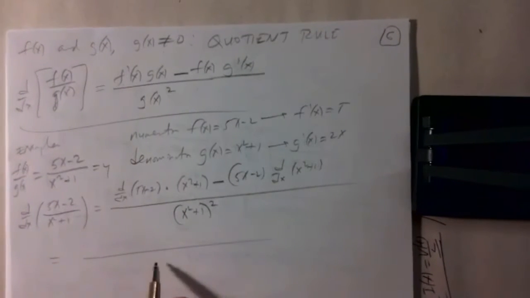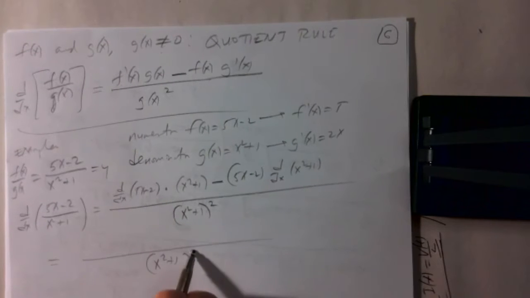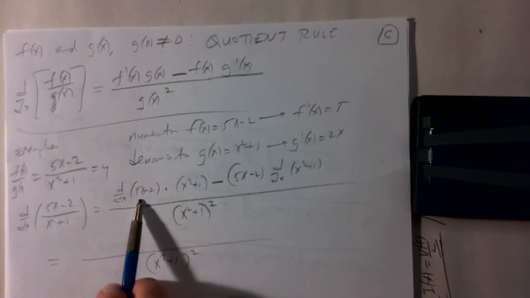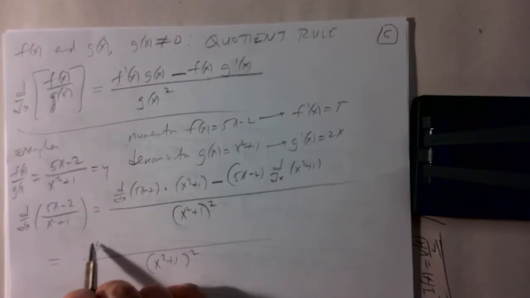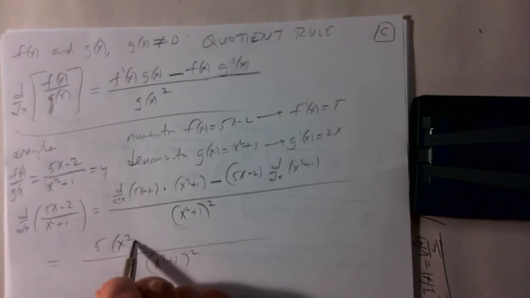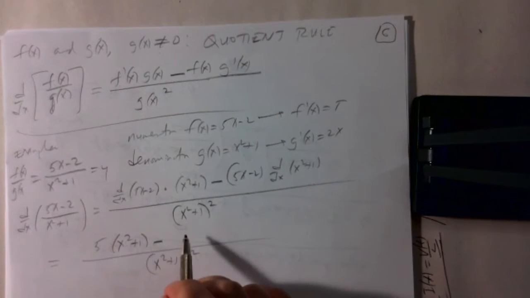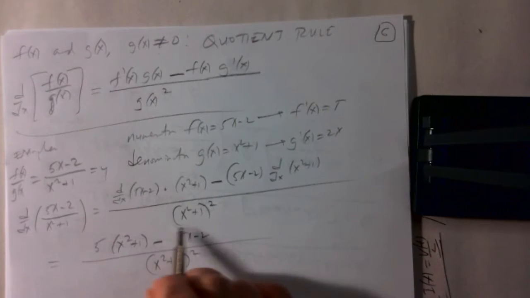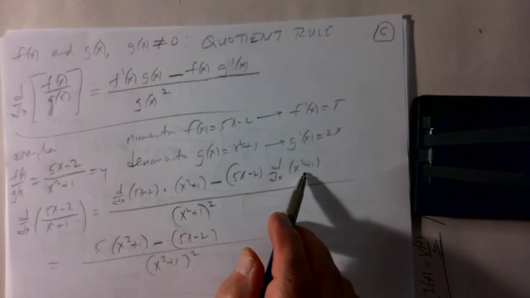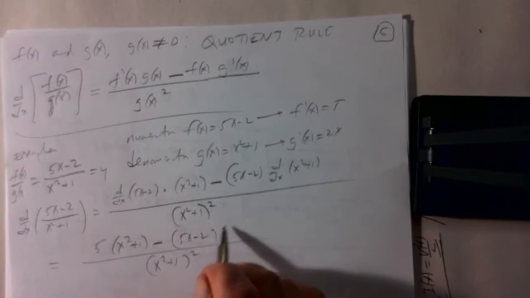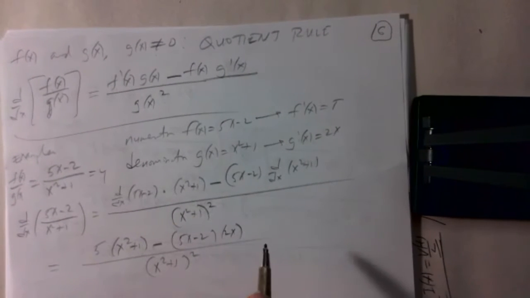So this is something over x squared plus 1 squared. The derivative of 5x minus 2 is 5. So 5 times x squared plus 1 minus 5x minus 2 times the derivative of x squared plus 1, which is 2x.